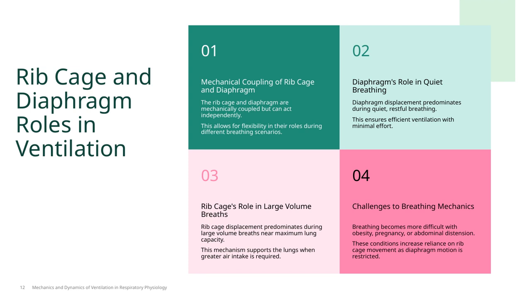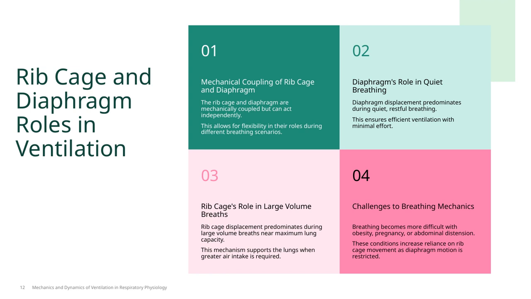Both the rib cage and diaphragm work together during normal, resting breathing, but their roles can shift depending on the situation. However, certain conditions, like obesity, pregnancy, or abdominal distension, can make breathing more challenging. In these cases, the reliance on the rib cage's movement increases because the diaphragm's motion is restricted.